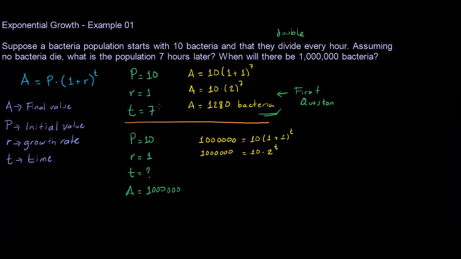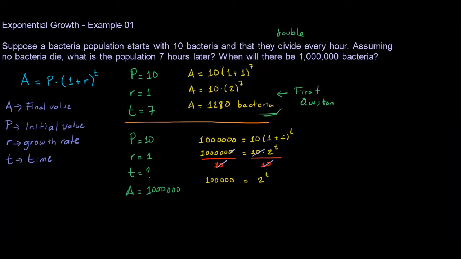So now I'm going to divide both sides by 10 to simplify this out. On the left, we'll now get 100,000. 100,000 is equal to 2 to the t power.